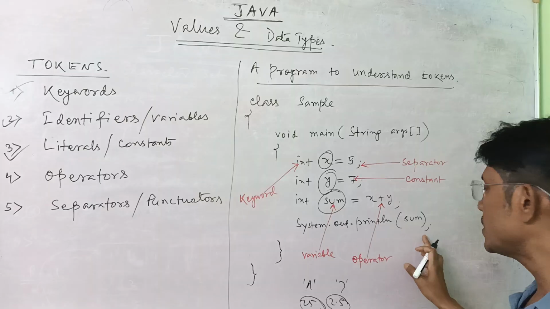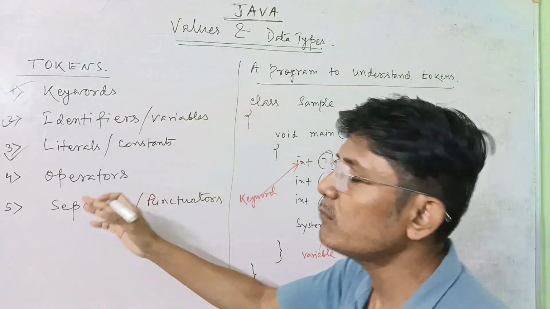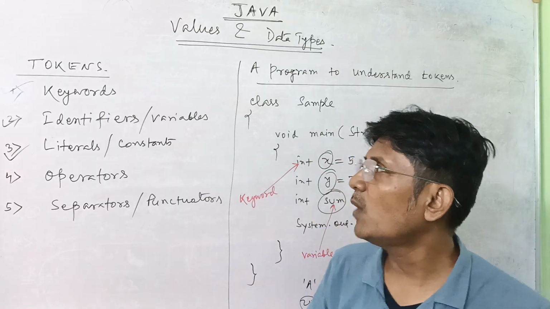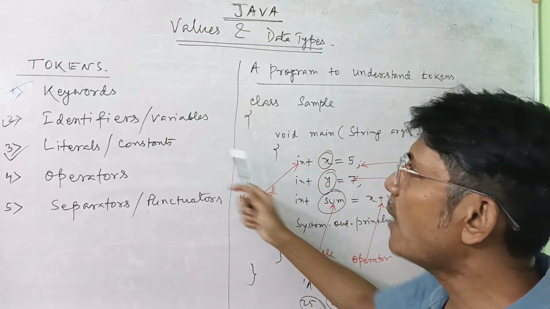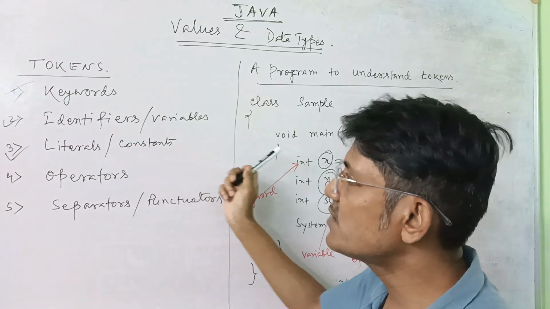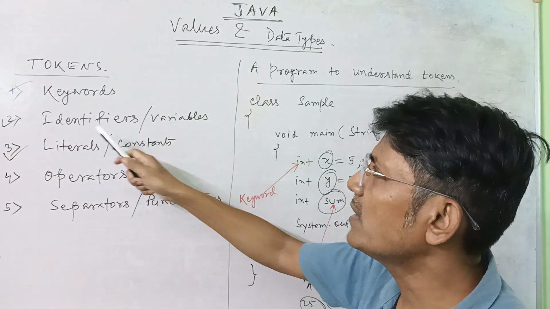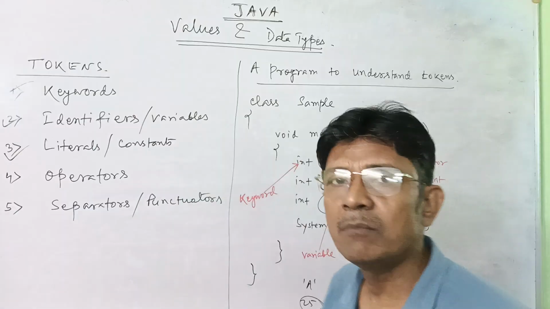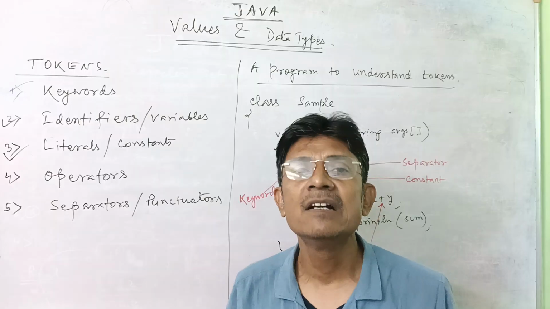Separators are called punctuators. We will understand these one by one in the next class. So this much is what I have explained today about tokens, keywords and identifiers. Once again I will tell you about them individually, one by one, then this chapter will be clear.